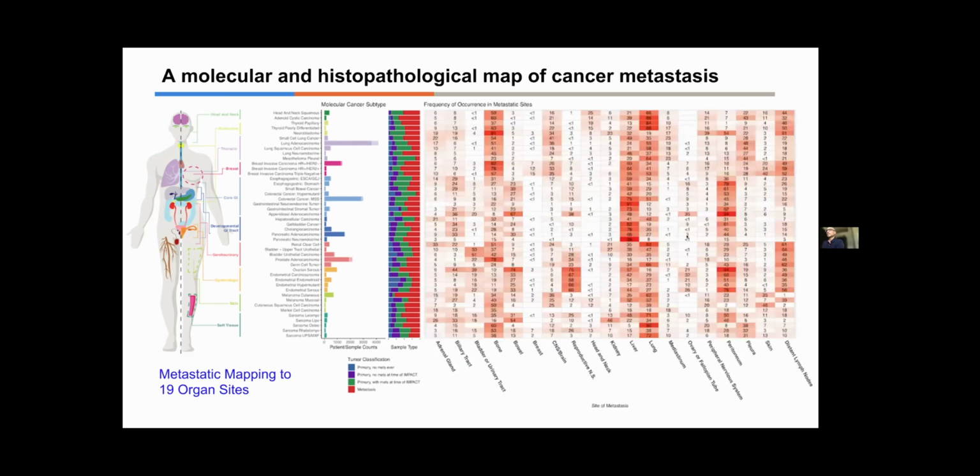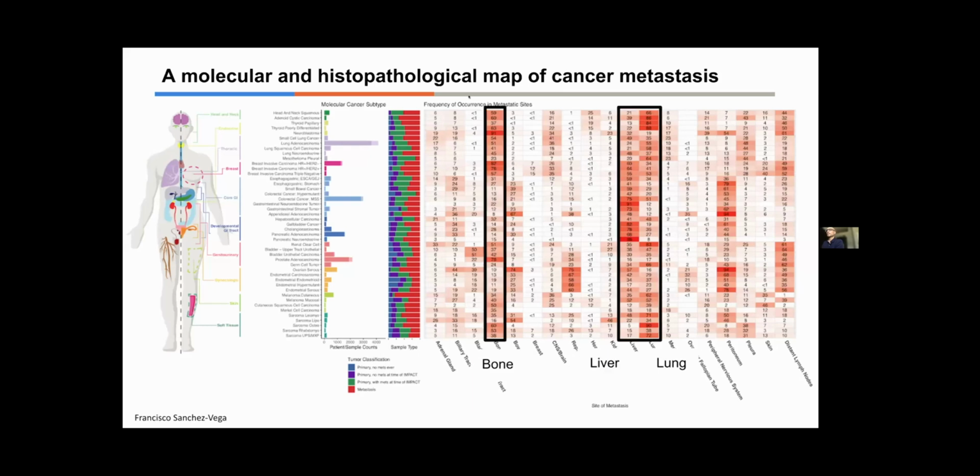And then the sites of disease and their prevalence here. So we have 19 organ sites here. I'll just say that bone, liver, and lung are the most prevalent sites of metastasis in pretty much all cancers, but really across the board if you take an aggregate of all these 45 types.